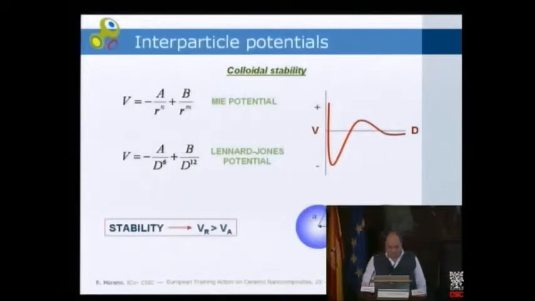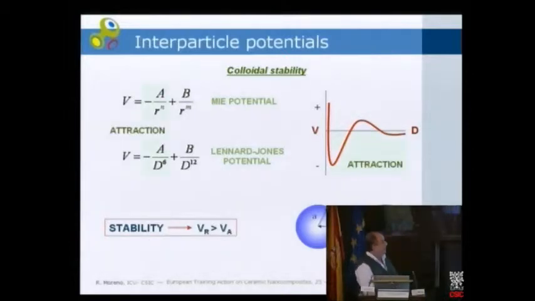Colloidal stability can be established by controlling the potential of interaction between particles in the dispersion. In general, the colloidal stability has been explained with a semi-empirical potential, in particular the Lennard-Jones potential model, which has two terms, one with the power of 6, which is the attractive potential, and a repulsive potential in which the power is 12.